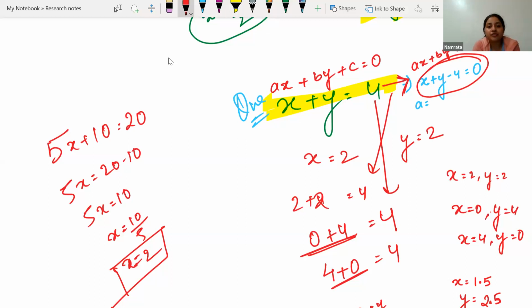If you are writing to a friend, you can start with dear. If you are writing to any senior officer, then there is a particular format which you need to follow. At last you need to write your name and everything. So do you follow a format or not? Yes, we follow the format.